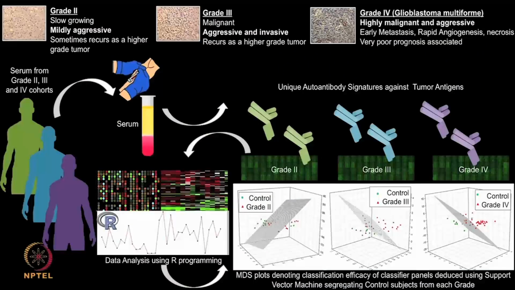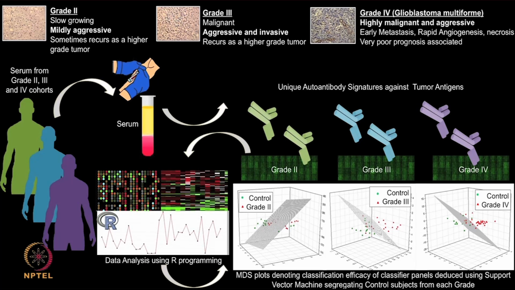In this work, investigators used serum from 17 subjects with grade 2, 18 with grade 3 and 34 with grade 4 of glioma, and they screened using human proteome arrays or HuProt arrays harboring over 17,000 unique proteins.